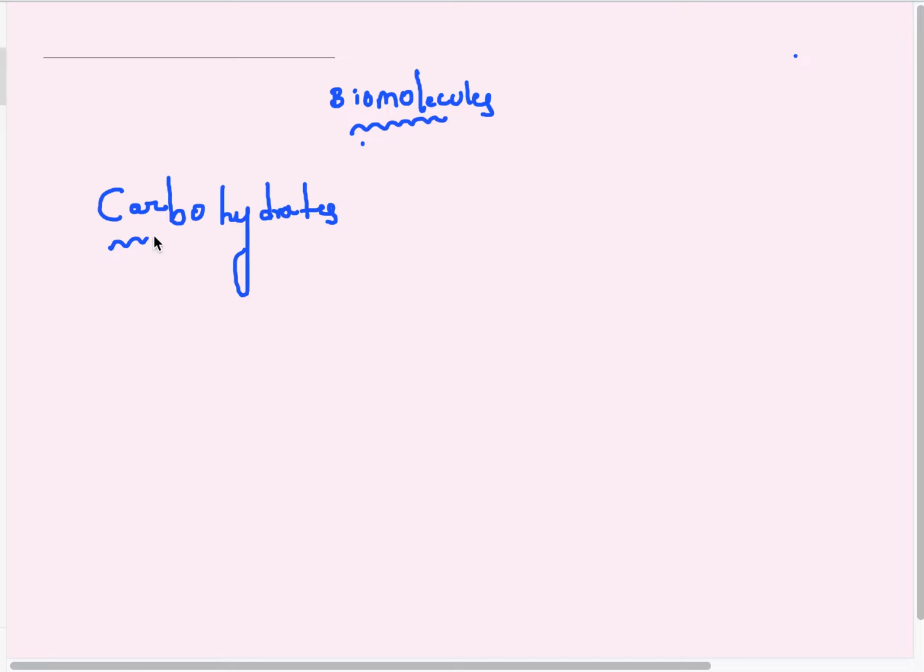In carbohydrates, first point, definition.